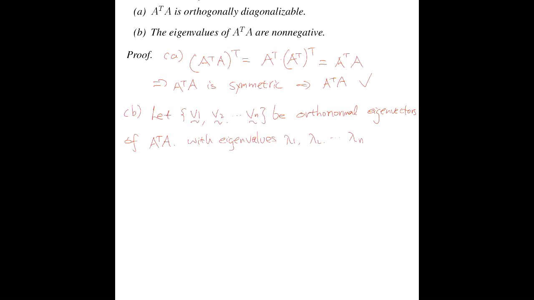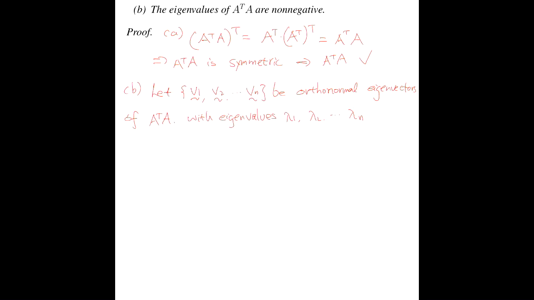This is also part B of the first theorem we talked about today: if a matrix can be orthogonally diagonalized, then its eigenvectors form an orthonormal set.